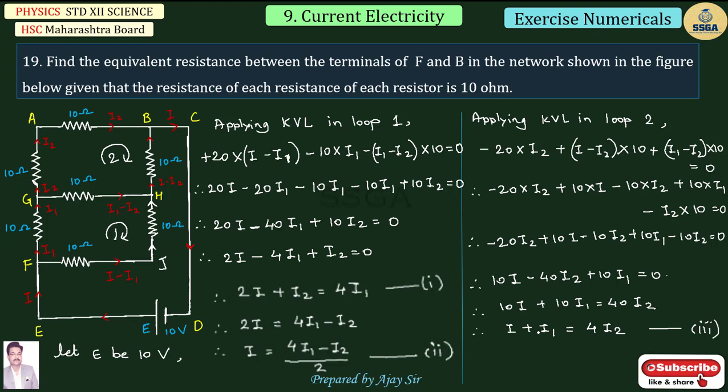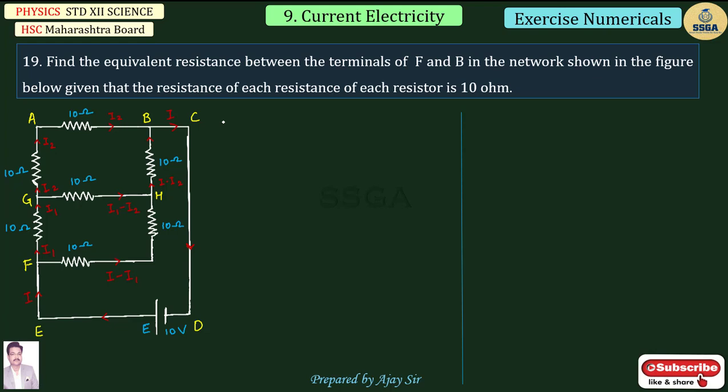Substituting equation 2 in equation 3 we get, in equation 3, that is 4I2 which is equal to I plus I1.